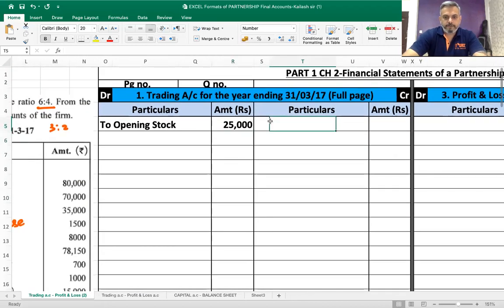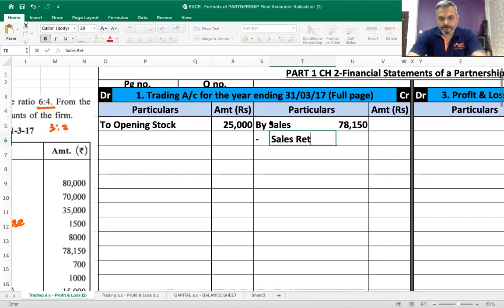So credit side, by sales 78,150, minus sales return 1,000, 77,150.